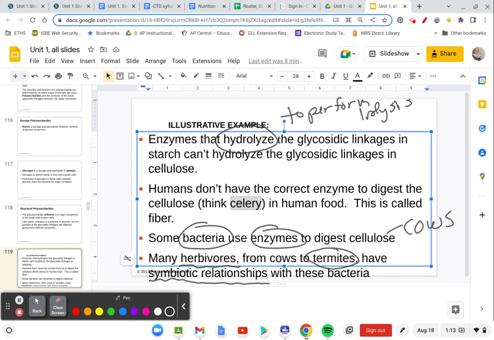And then on the other hand, the cow also gets nutrients from what the bacteria doesn't break apart. So both benefit from that relationship. That would be called mutualism, when both benefit. So that would be a mutualistic, or a positive symbiotic relationship.